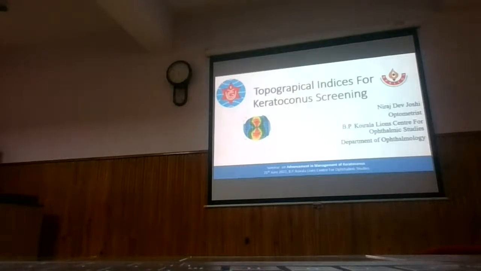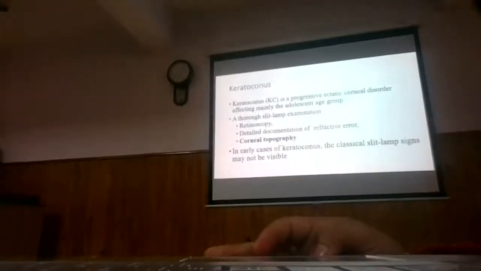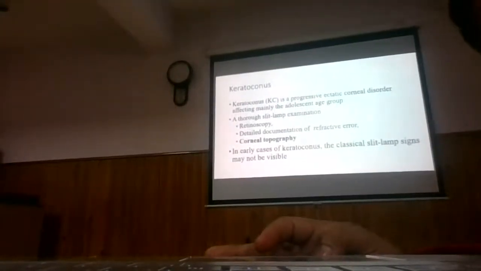So good morning everybody. Today I'm here with the presentation of topographic indices for keratoconus. Keratoconus is a progressive corneal disorder affecting mainly the adolescent age, and we can diagnose keratoconus with retinoscopy and detailed documentation of refractive error.